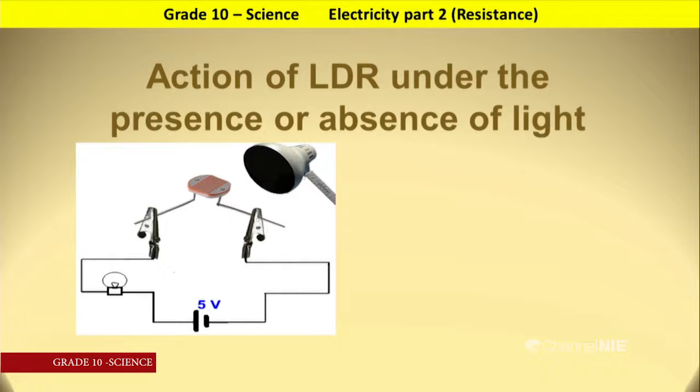Because of the high resistance, no current flows through the circuit. Sometimes current flow decreases to a very small value, or sometimes the current flow stops completely. When there is no current flow, the bulb is not lighted, right?